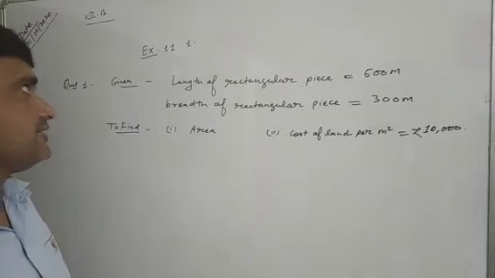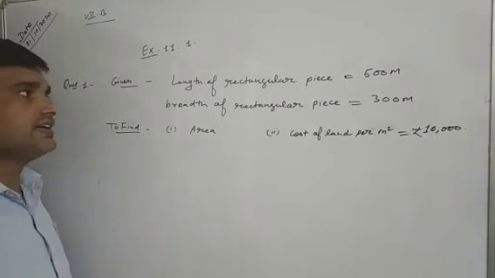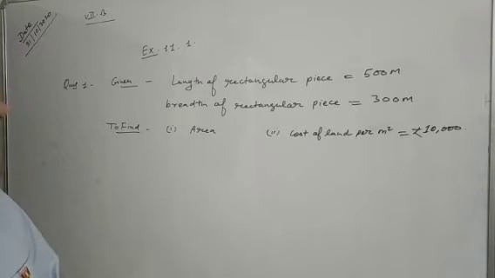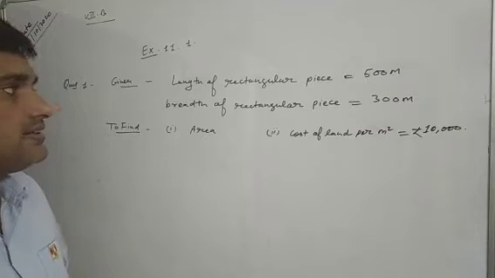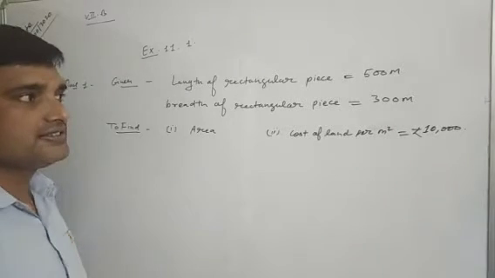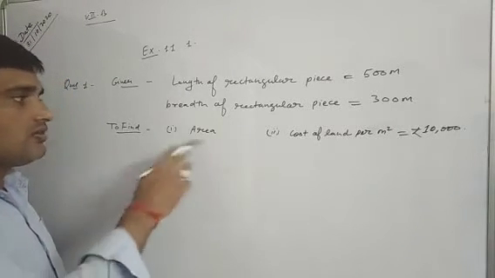Now we start exercise 11.1, question number 1. Given length of rectangular piece is equal to 500 meter and breadth of rectangular piece 300 meter. Now find the area.